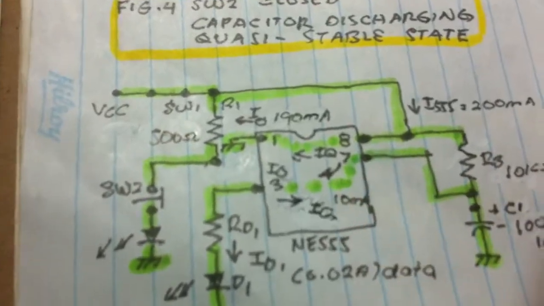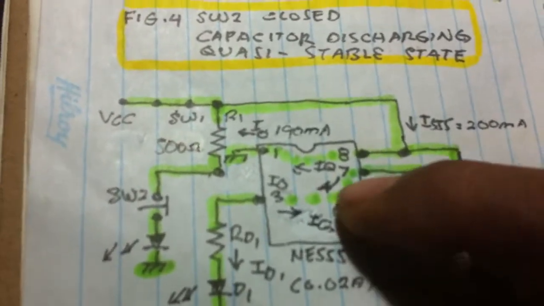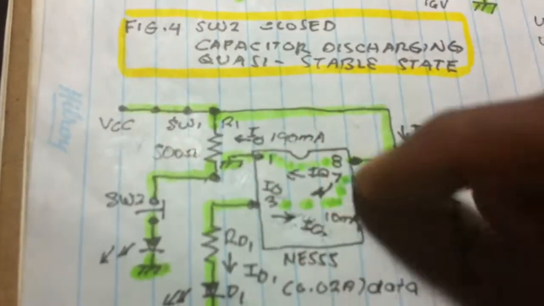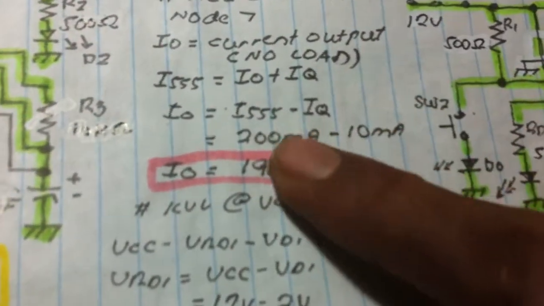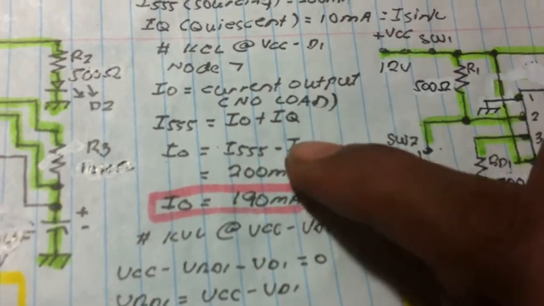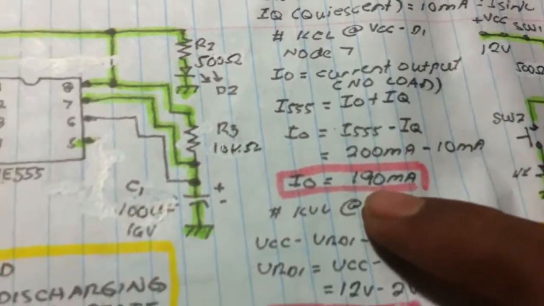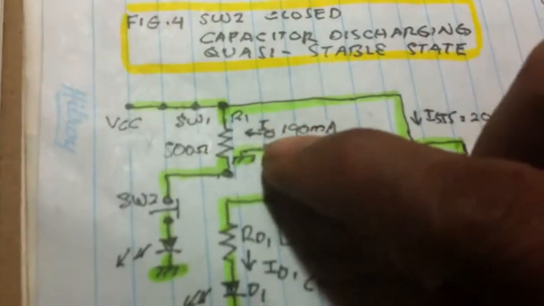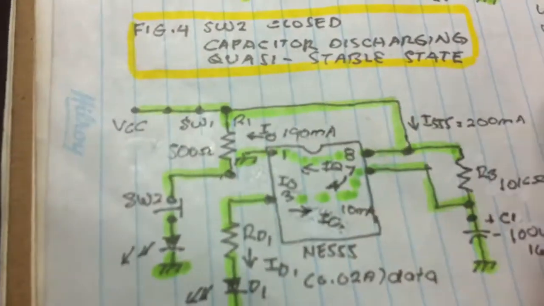The quiescent current is the internal current consumed by the IC, the 555 timer. Since we know the sourcing current minus the quiescent current, we got 190 milliamps. That is now the output current to the ground without a load.